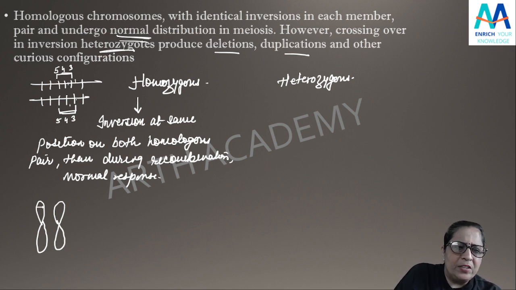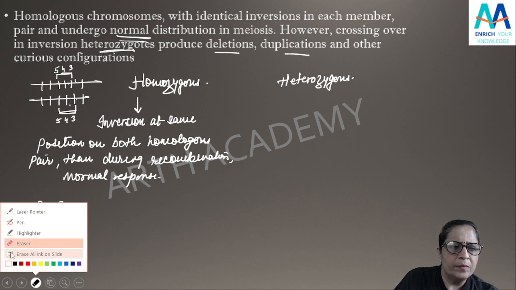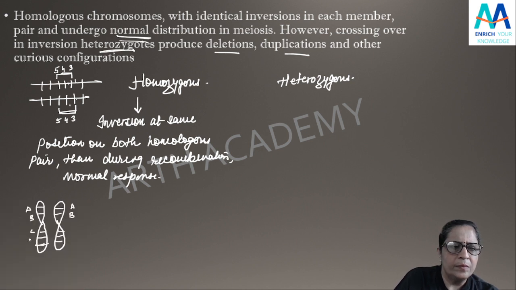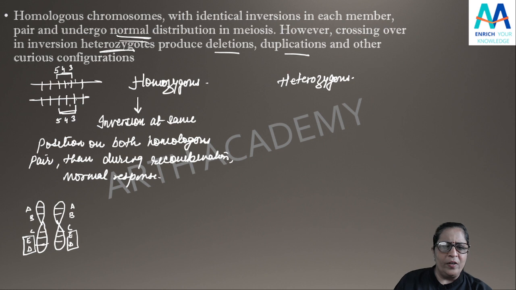Now if this is A B C D E, and the inversion is here, suppose in D and E, so I will make it E and D. If this is inverted and here also it is inverted, that means there is no problem because it is the same.